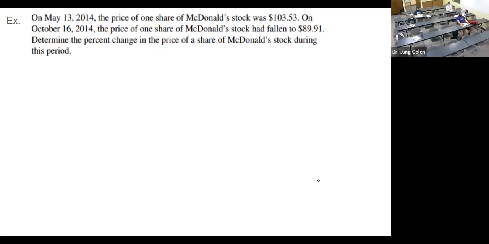So you get to know it's a decrease, right? So you're going to have a negative number there because it's a decrease. So we can have that sense, okay? Use your number sense to check. And determine the percent change in the price of the share of McDonald's stock during this period.